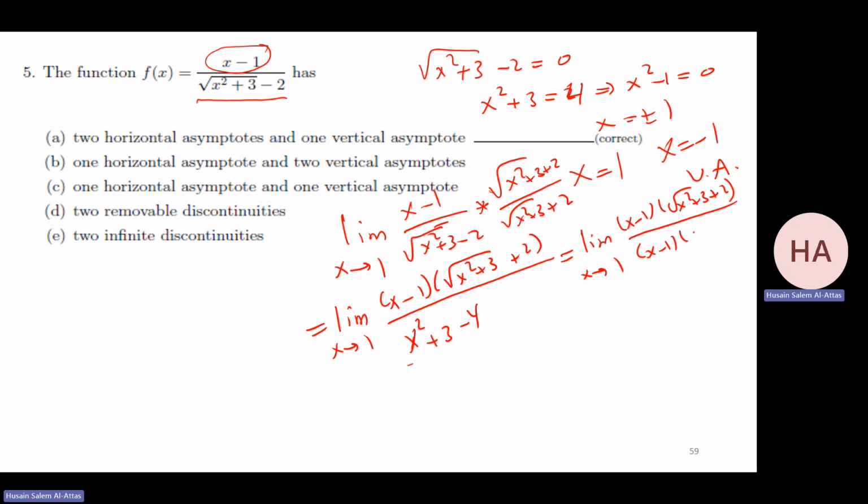And you are not getting infinity. This limit will be 1 plus 3, 4, 2 plus 2, 4 over 2, which is 2. So we don't have that. We have only a vertical asymptote from x equal minus 1. This is not a vertical asymptote. For horizontal, I need to check the limit as x goes to infinity.